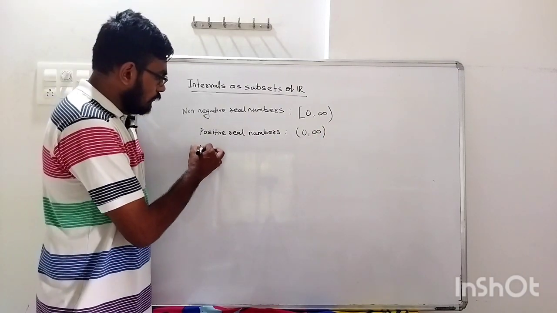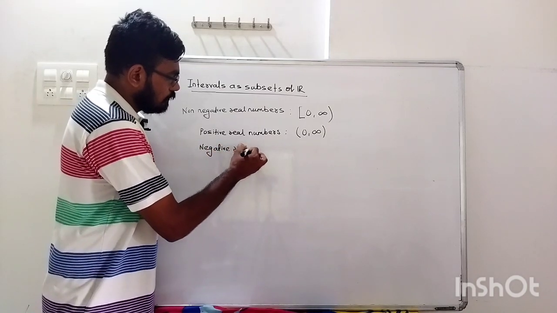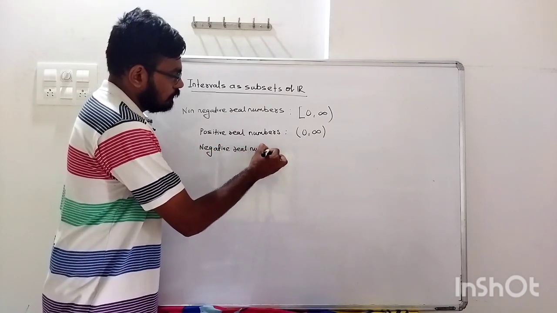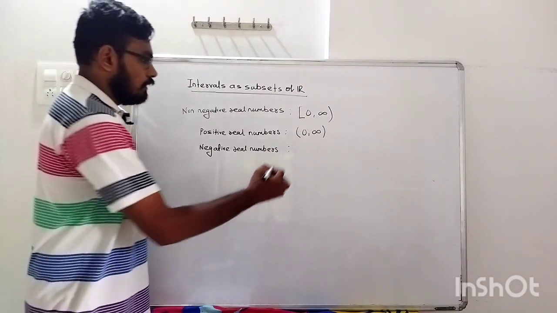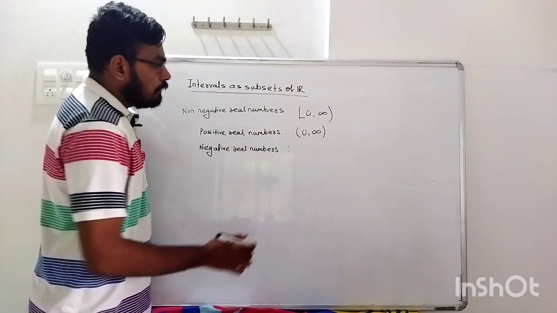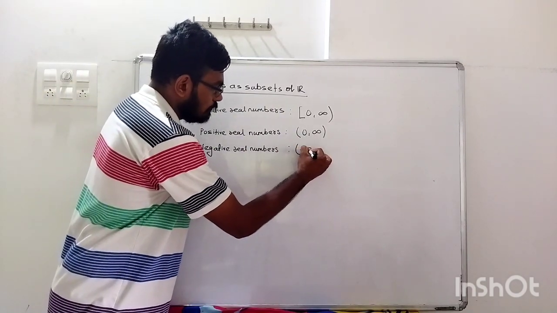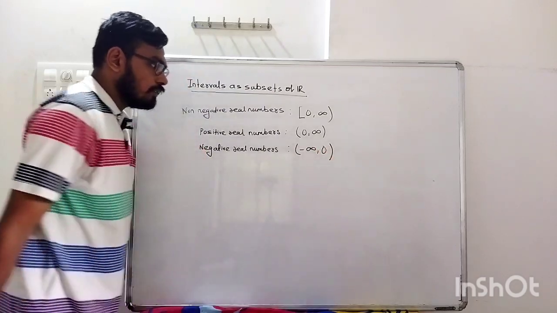Then if you ask for negative real numbers, what do we do? We put a round bracket here. Since we ask for negative, we write minus infinity to 0 and we put a round bracket here, okay?